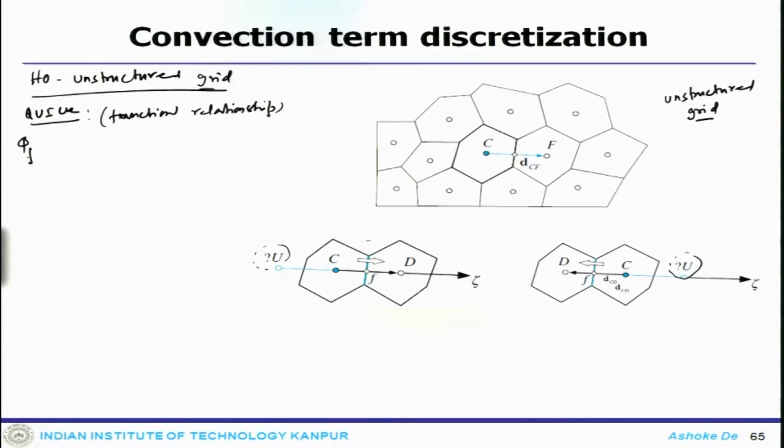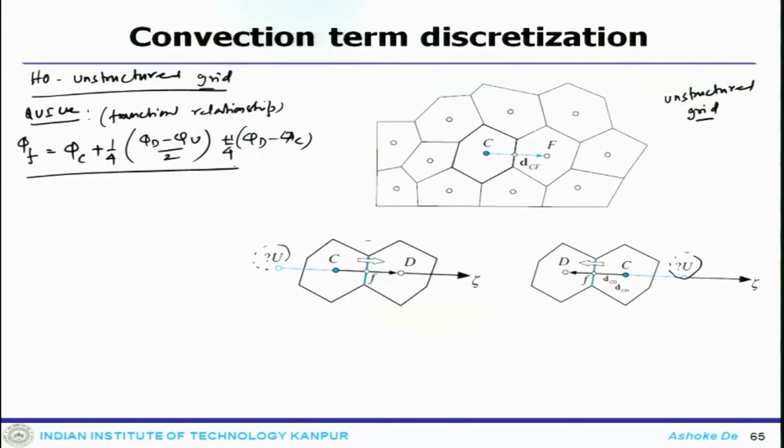The functional relationship provides that phi_f is phi_c plus 1 by 4 (phi_d minus phi_u) by 2 plus 1 by 4 (phi_d minus phi_c). This is what we got from these things.